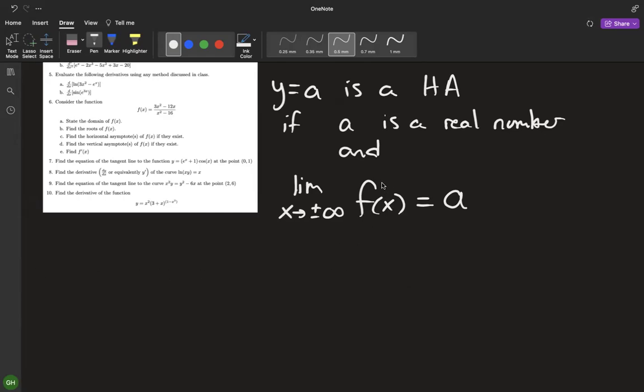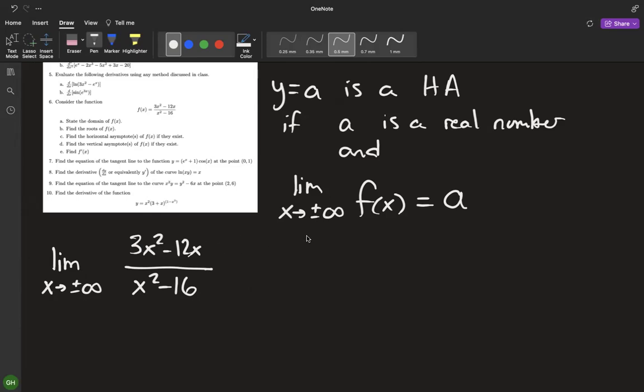To save time, and you're more than welcome to do this yourself on the exam, I am going to do both limits at the same time. So I'm going to take the limit as x goes to both plus or minus infinity. The reason why I'm doing this is because I know that the only time that plus and minus infinity are going to give me different answers is when I'm dealing with piecewise functions or absolute values, or there's one more, square roots.